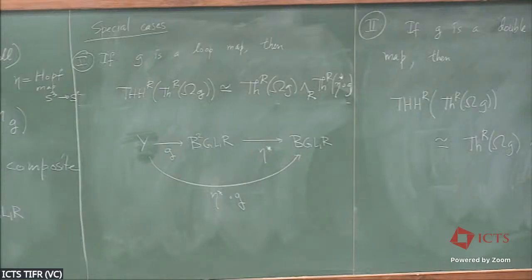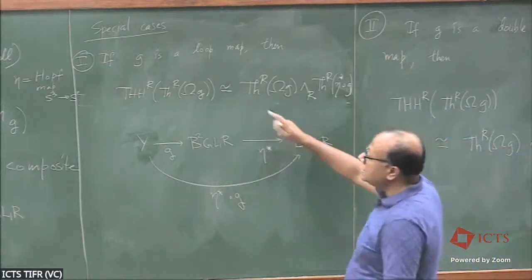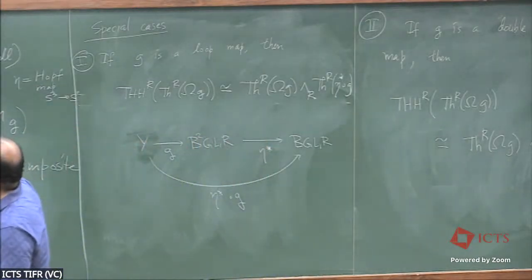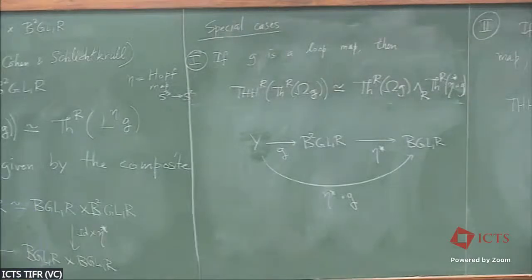This relies upon a monoid structure on the space B squared GL1R. So if this G is a loop map, then the map from Y to B squared GL1R, you can refine it to be a map of monoids. So that means the map LY to L B squared GL1R, first of all, LY will also have this decomposition, and the map from Y to B squared GL1R will actually commute with the decomposition.